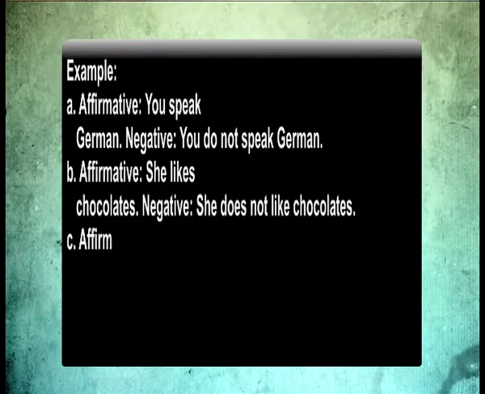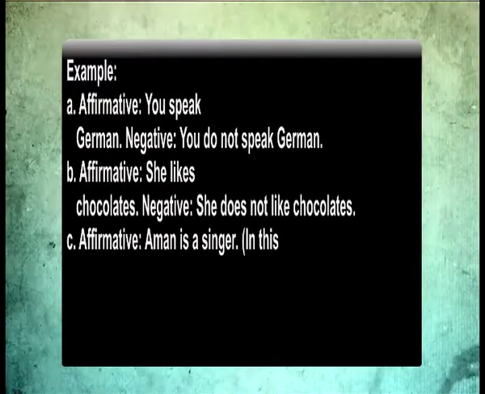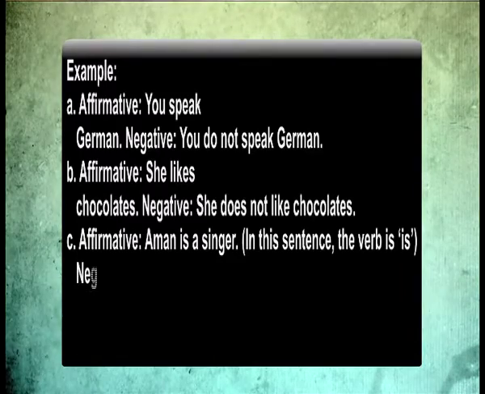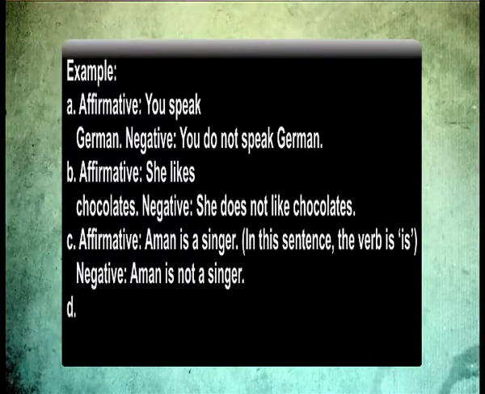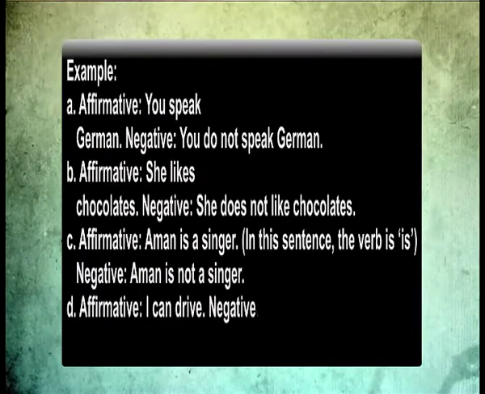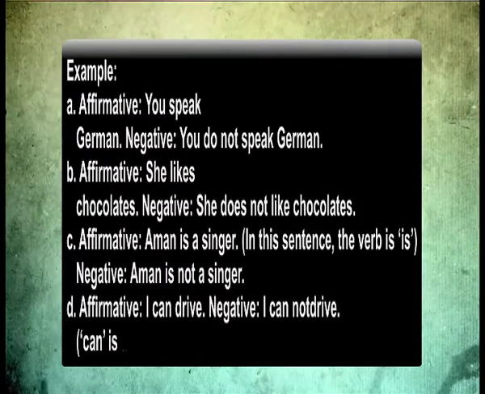Number 3, affirmative. Aman is a singer. In this sentence, learners, the verb is. The negative of this statement is Aman is not a singer. Number 4, affirmative. I can drive.